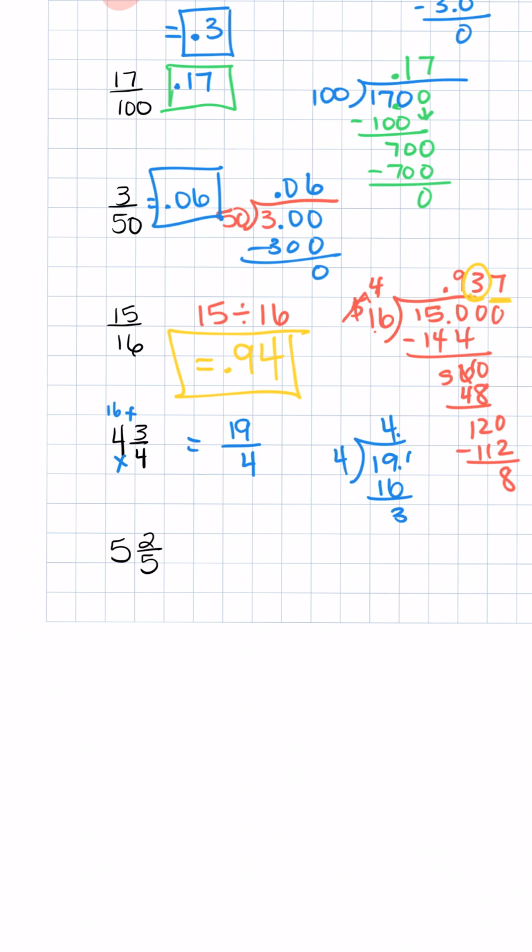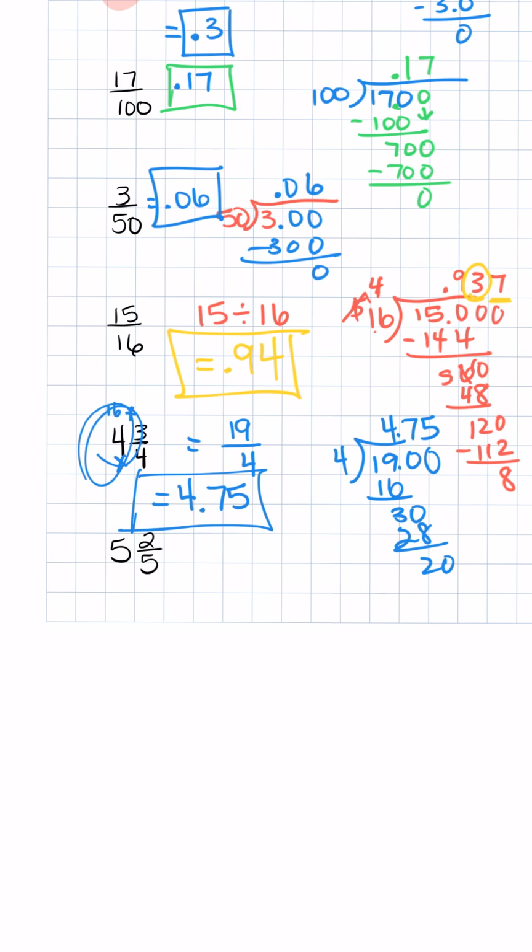Equals 4, 0, 4 goes into 30, that's 7 times, 28, 2, bring down another 0, 5. So our answer will be 4.75.